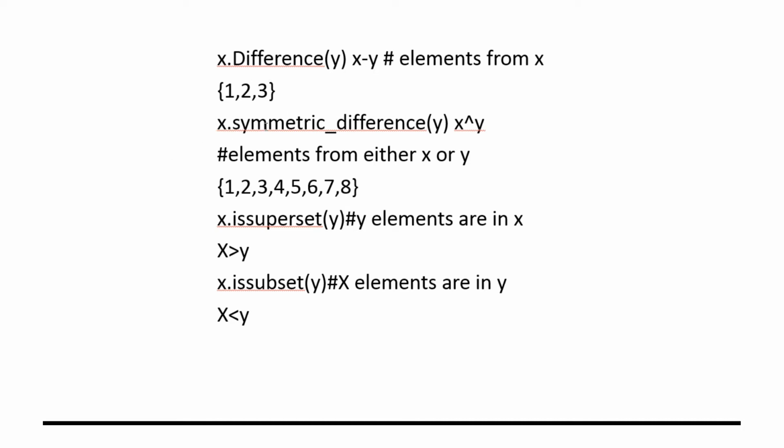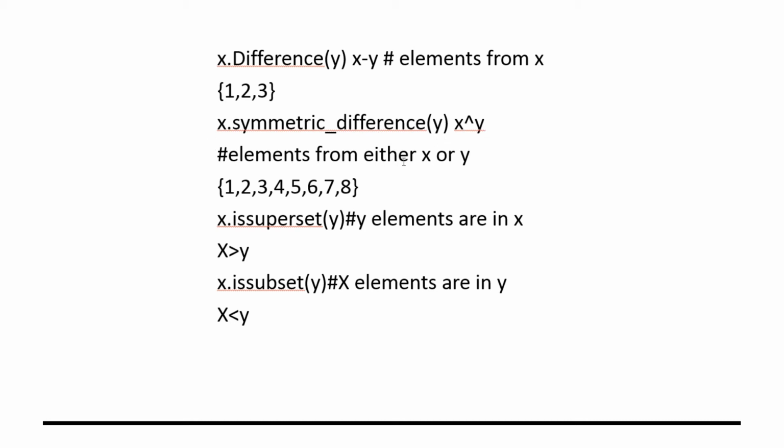Then another operation is symmetric difference. Symmetric difference means you can get the elements present in either set, either x or y. If the element is in any one set, you can take that. This is the way you can symbolize the symmetric difference operation, x dot symmetric difference of y.